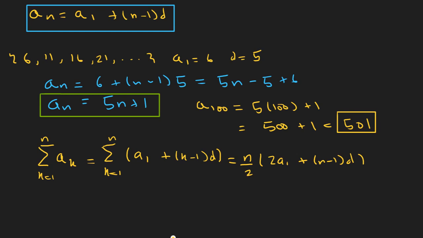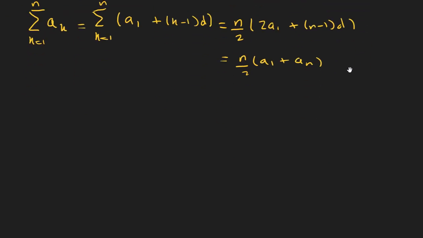But notice that if we were to separate the 2a1, that would be a1 plus a1 plus n minus 1 times d, which by definition is actually equal to a1 plus an. Now, we could possibly look at the series sum of this and what it comes out to, because we would be adding up all of the terms.